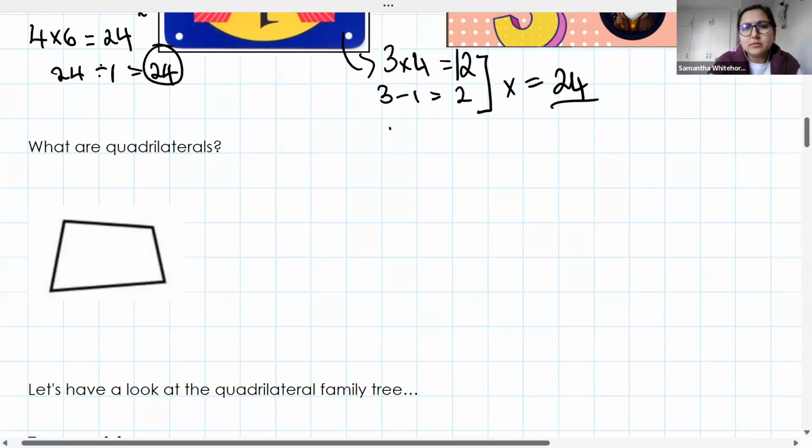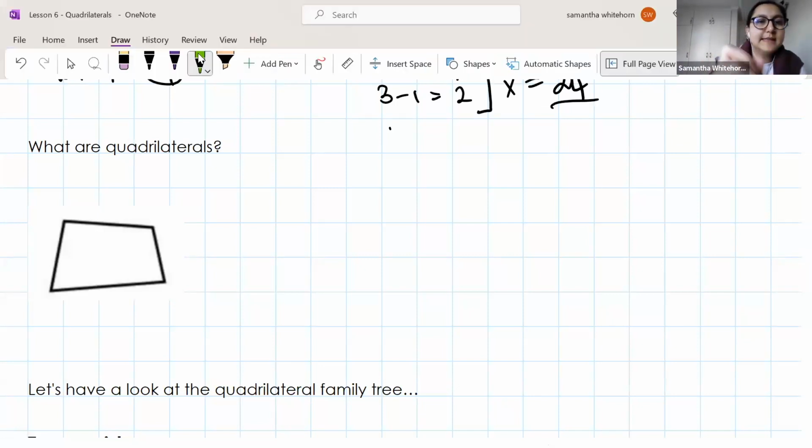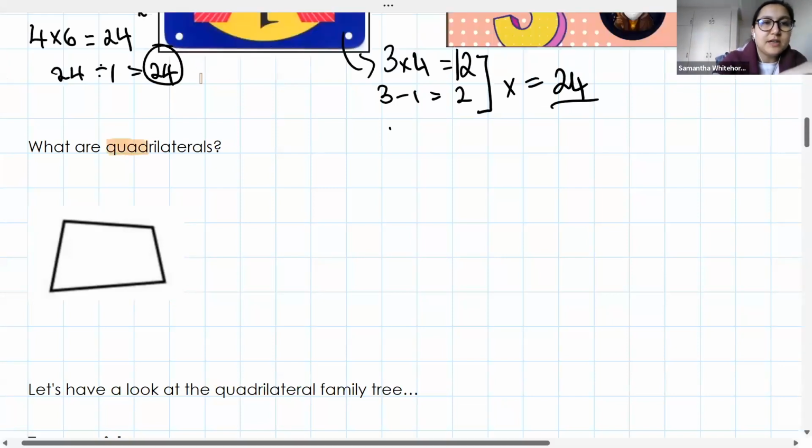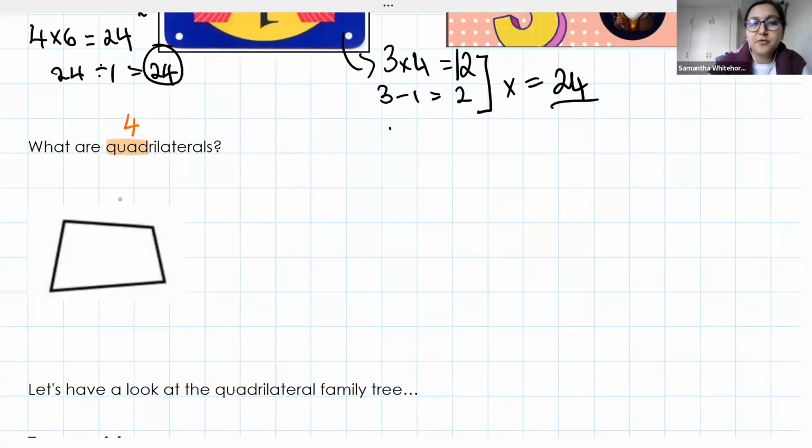If we look at the actual word quad, it can relate to both angles and sides, I suppose. Right, we got it. So if we look at the word quadrilateral, this prefix quad means 4. Okay, so automatically we should be thinking 4.